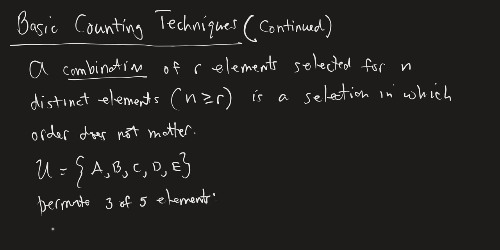One might be A, C, D, and that's considered a different permutation from A, D, C. It goes back to the concept of whether order matters or not. So in a permutation, if we're permuting any 3 of these 5 distinct elements, these are considered different permutations.